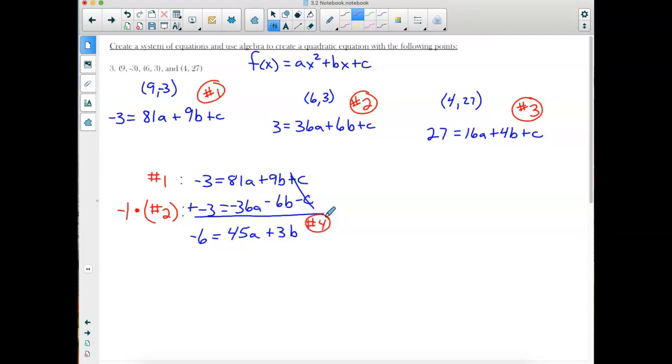I can pair these equations up any way I want. I chose to multiply number 2 by -1 because I saw equation number 1 had bigger numbers, therefore I would have fewer negatives in equation 4.